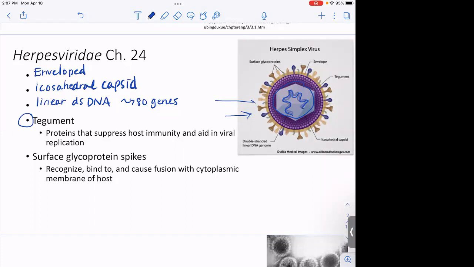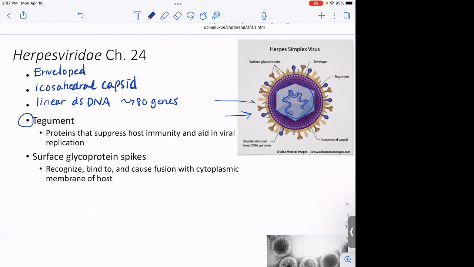So there may be proteins that suppress the host immunity. For instance, there are proteins that will suppress interferon production in our cells. Remember, interferon was that cytokine that helped to slow down viral replication, which some of our immune cells produce, or other cells as well.